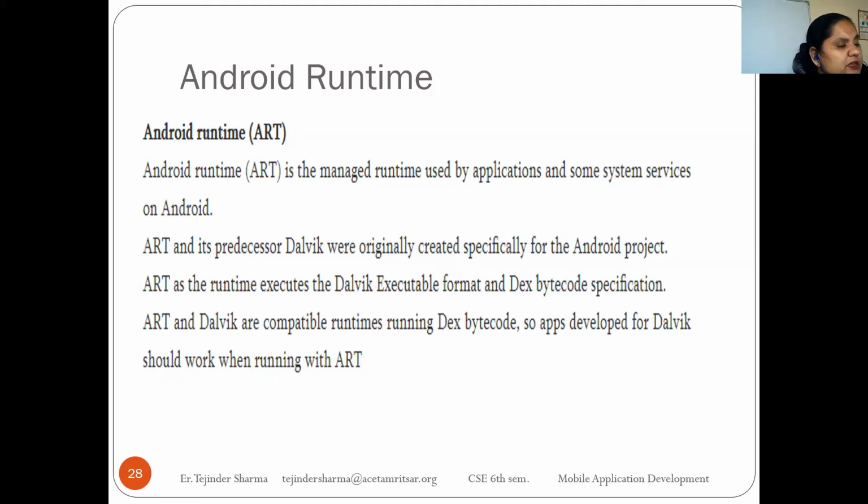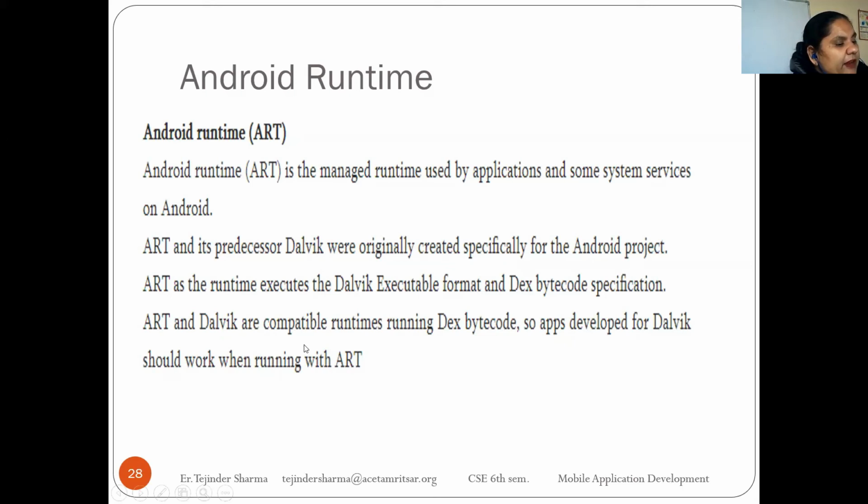ART also follows the same process, but the difference is that it does the compilation beforehand and later on the installation part. Whereas the Dalvik virtual machine used just-in-time. That means the compilation and interpretation was done while installing the app onto the phone itself.